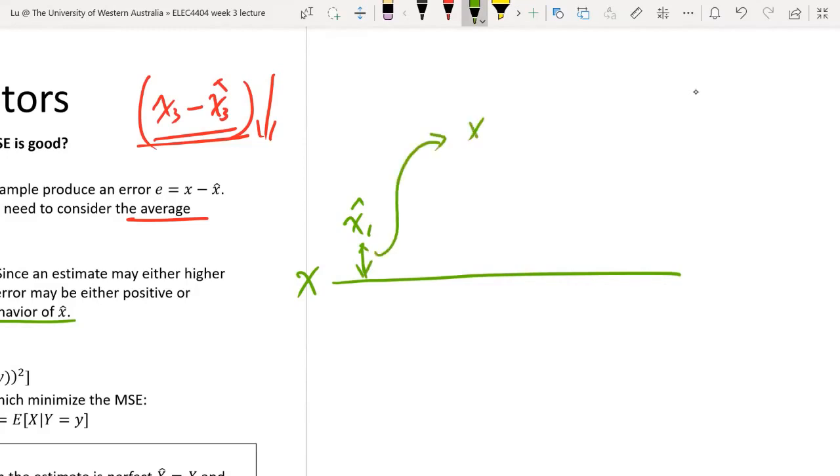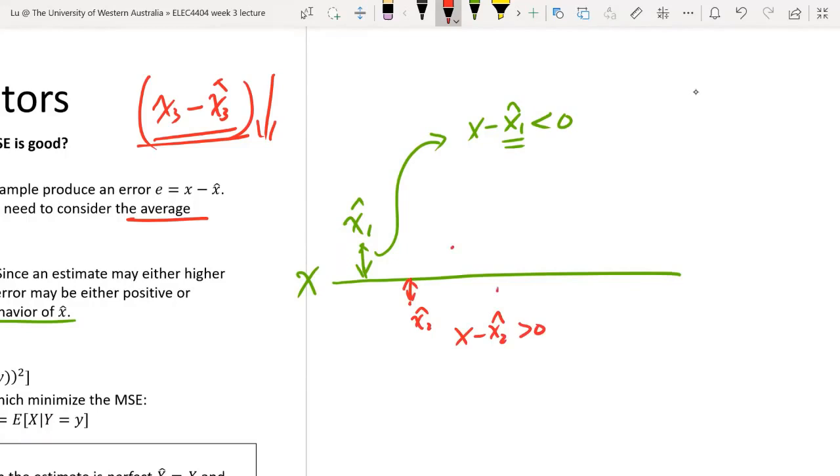Because we are using x minus x1 hat, but x1 hat is bigger. So this error is a negative one. But sometimes our estimation is lower than the true value of x. This is called x2 hat. This is lower, right? Then the error x minus x2 hat is greater than 0.